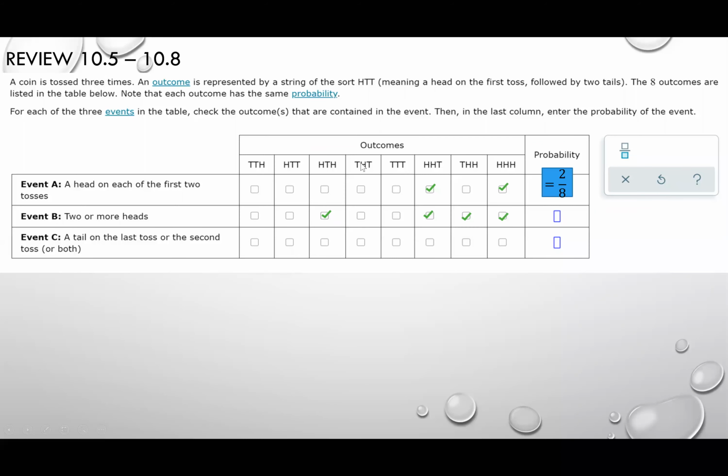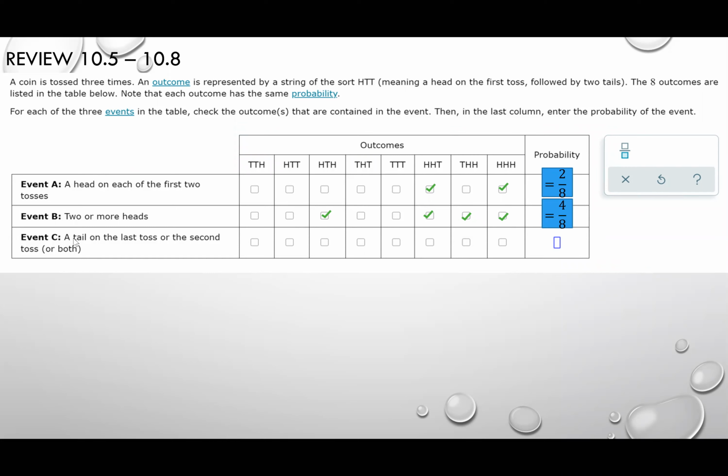If they have only one head, I don't care because it does not fit the description. Once you have that, in this case you have 4 over 8. Yes, you can reduce it to 1/2. I just typed it this way, and I purposely typed it in ALEKS and they accept it, so you don't have to reduce them.